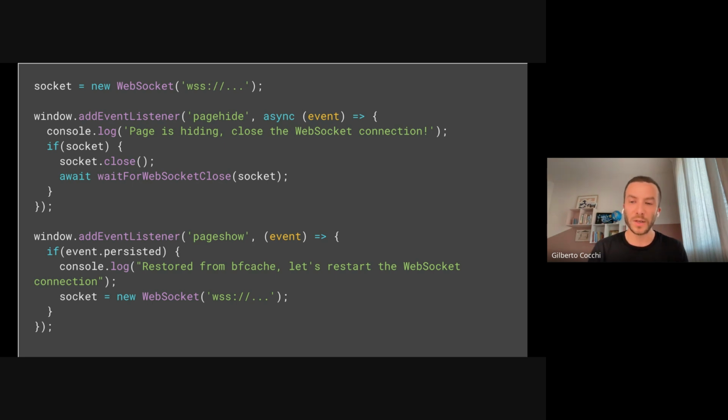When the pageshow event handler triggers, in the case of event.persisted, which is when the page is restored from BFCache, they should restart the WebSocket connection. Otherwise, the user will get a really fancy fast page, but the WebSocket connection will not work. So that's the desired use case.